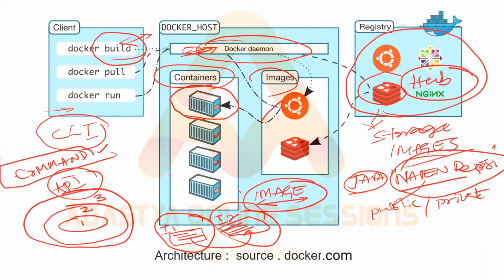Again, there are many commands the client can use: run, stop, delete containers. We will elaborate more in the upcoming sessions. From one image, we can create any number of containers.